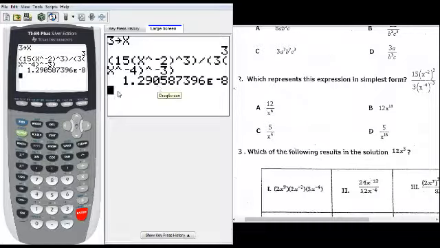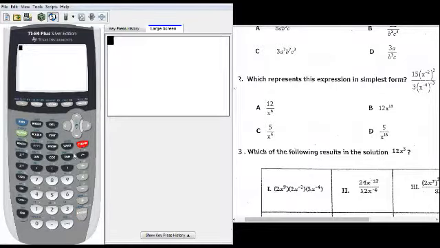So let's figure out which one has 1.2905 as our answer. Here you go. We're going to do A, B, C, and D. Now look at these fractions here. This is something different that I'm going to do with these fractions. Notice that there's not very many things going on here.